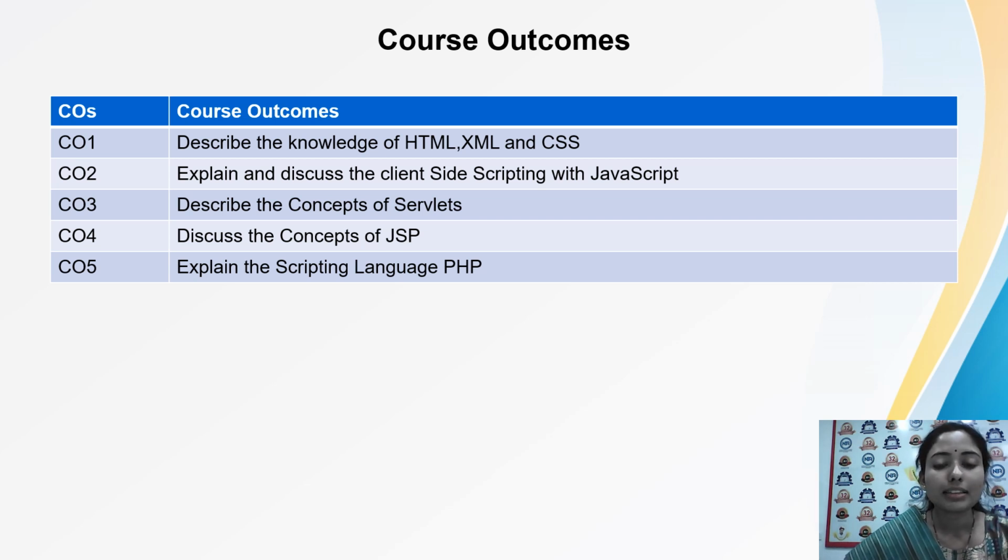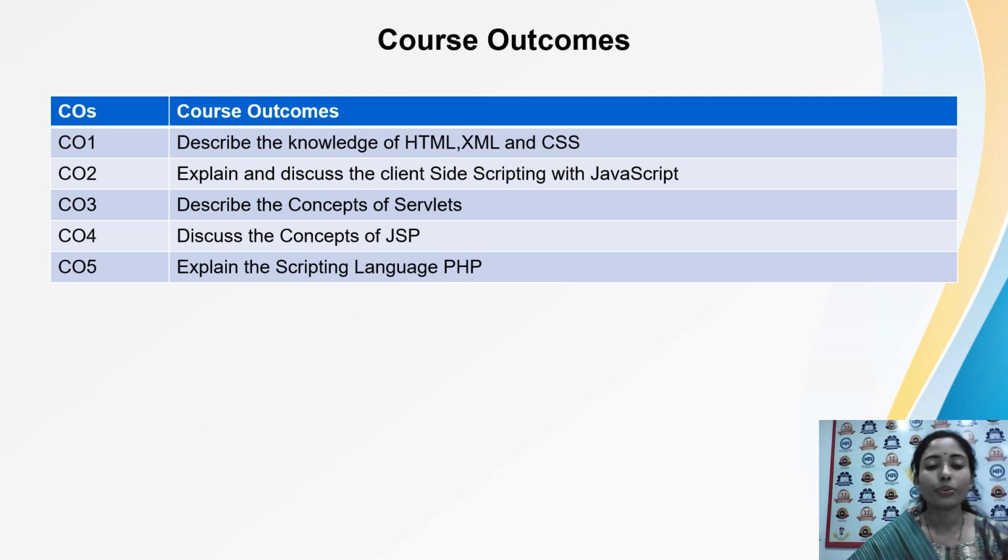So as per the syllabus, the course outcomes are: from unit number 1, students should be able to understand the knowledge of HTML, XML and CSS. From unit number 2, students should be able to understand client-side scripting with JavaScript. From unit number 3, students should be able to understand the concept of servlet.